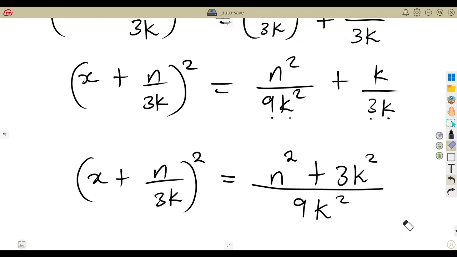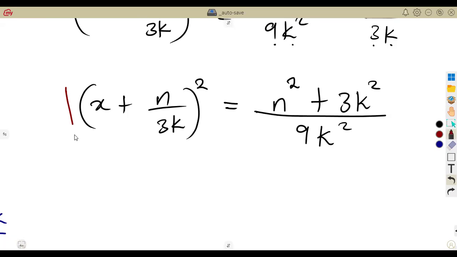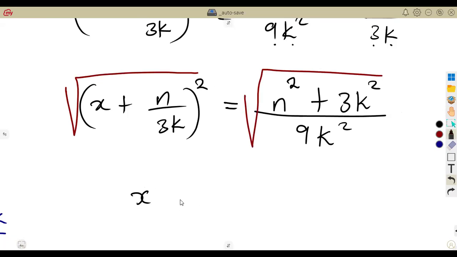Introducing the square root to remove the square that we have on the left-hand side, we're going to have x plus n over 3k. With this method, you'll see that it will be possible for you to simplify the denominator and to have a single fraction at the end.